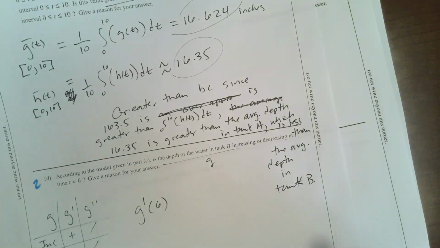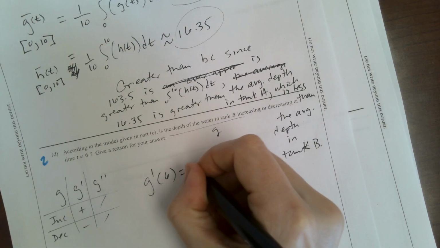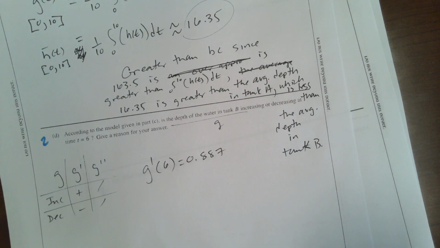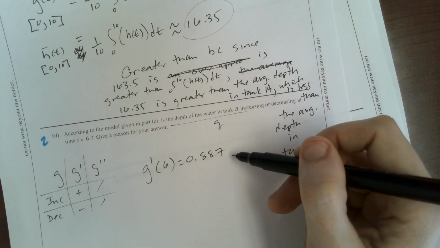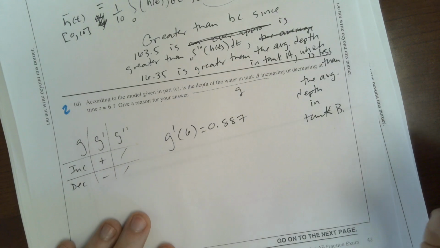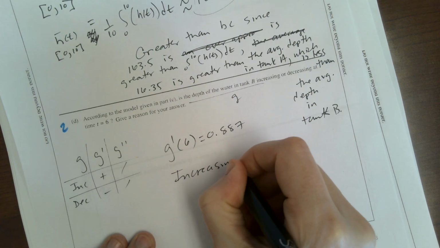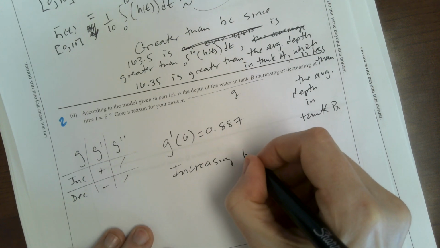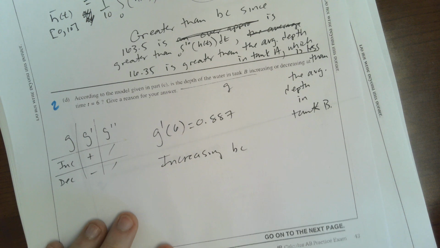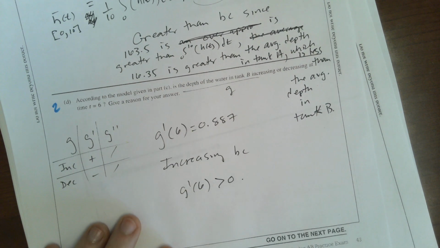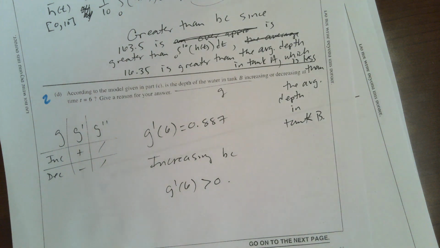Okay, now I'm going to write that down. 0.887, okay? And this is positive. Okay, so the answer is increasing because g prime of 6 is greater than 0. Okay, and that would be 2 points there.